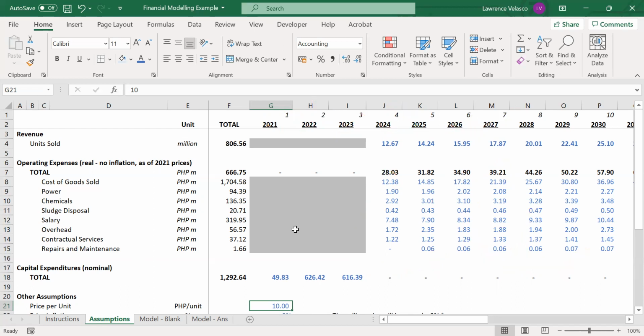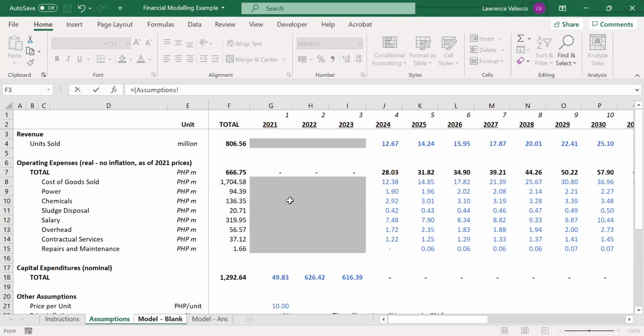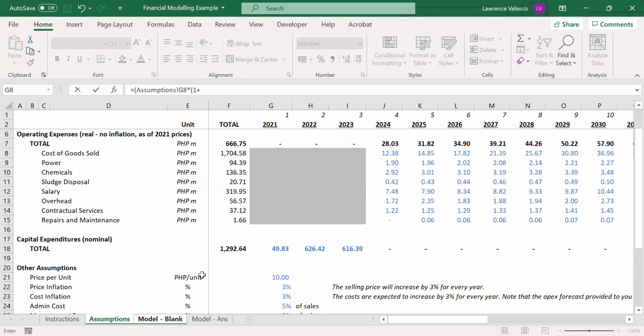Okay? So if you look at the model blank, no? Cost of goods sold. Okay? So para siyang kung ano man yung cost of goods sold, okay? Times 1 plus the inflation. In this case, cost inflation is 3%. Fix mo ulit.